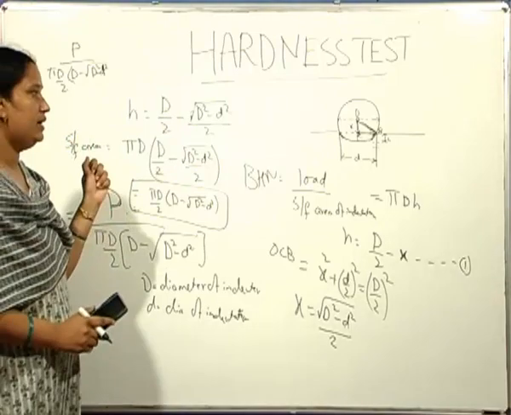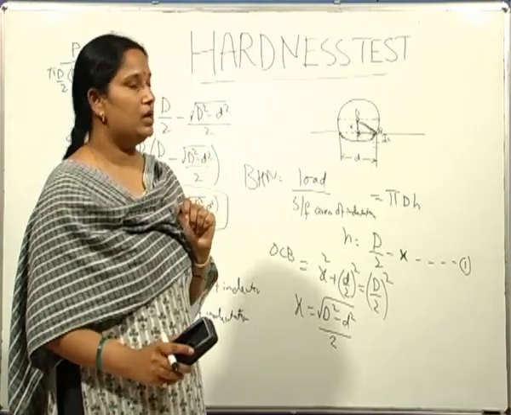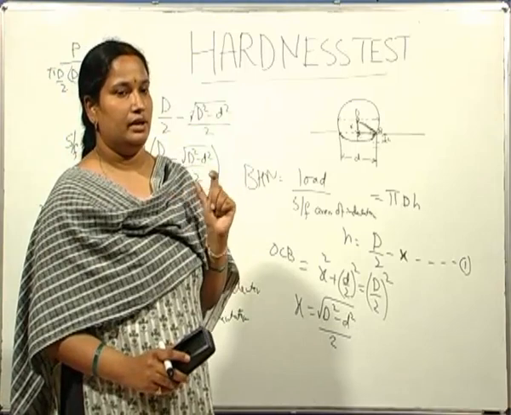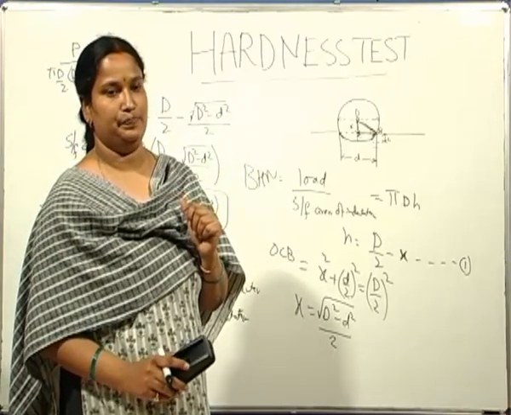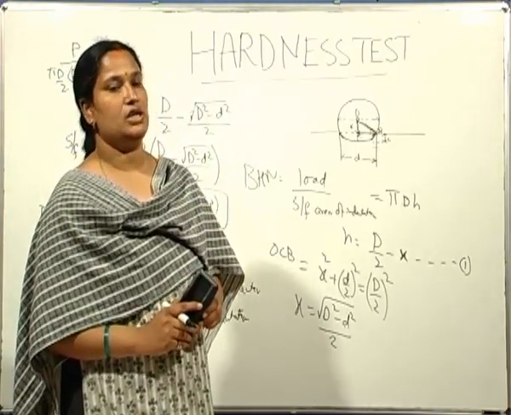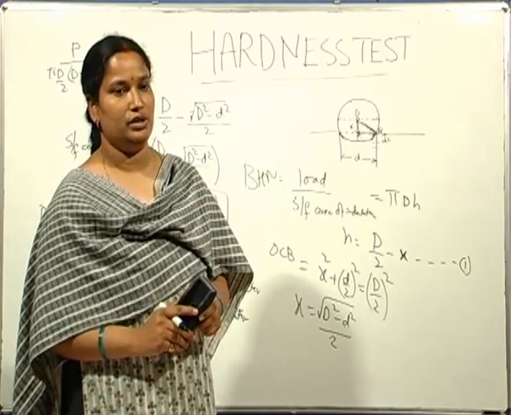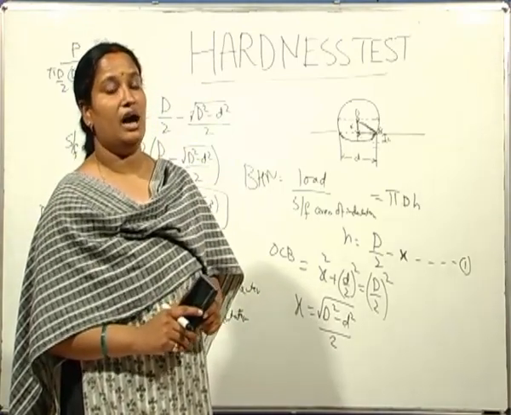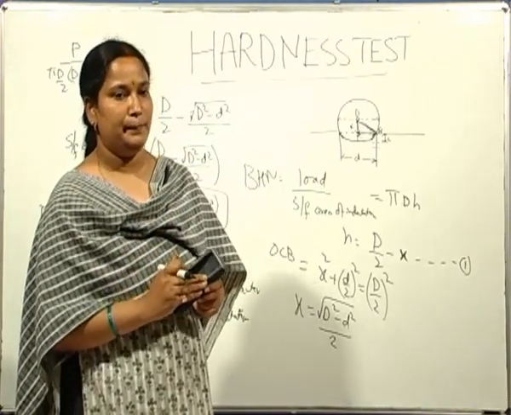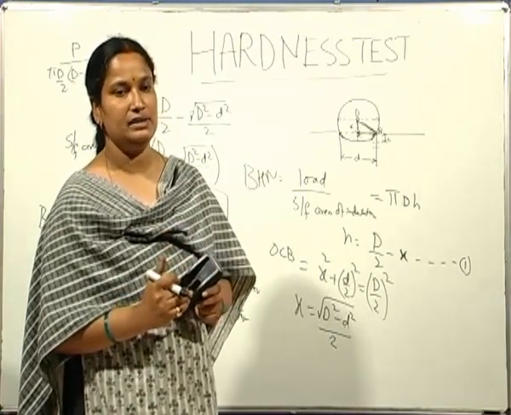But there is one small complication in the Brinell hardness number. It does not take into account the mean pressure or the average pressure between the indenter and the material.